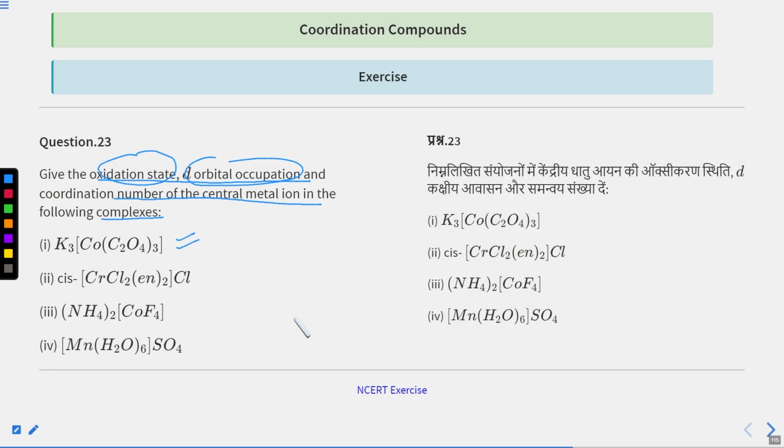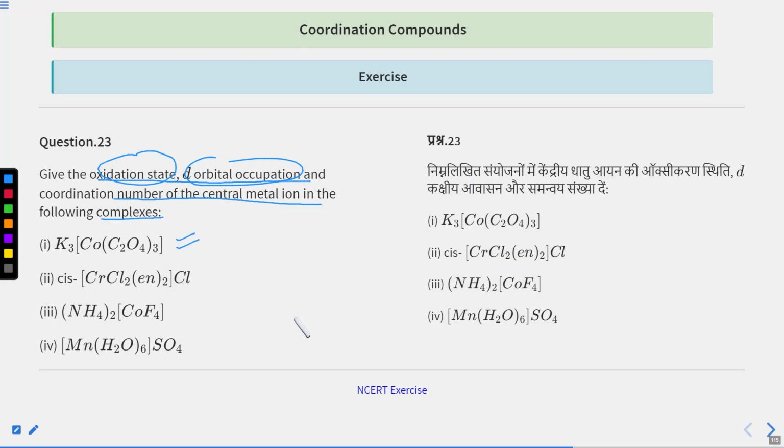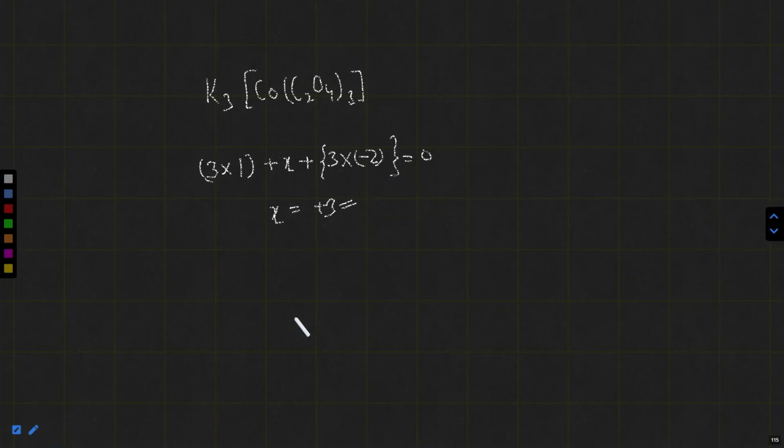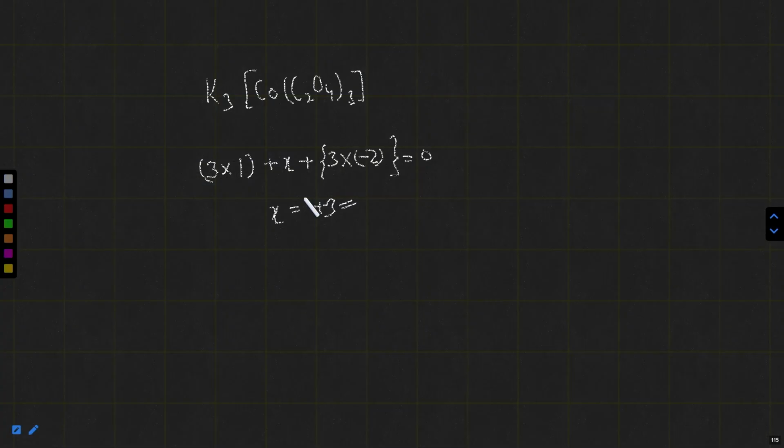What about the d orbital occupation? C2O4 is a weak ligand, if you remember, and cobalt has an oxidation state of +3. But cobalt is an exception. Why? Instead of weak ligand behavior, it will show pairing. Cobalt will show pairing.